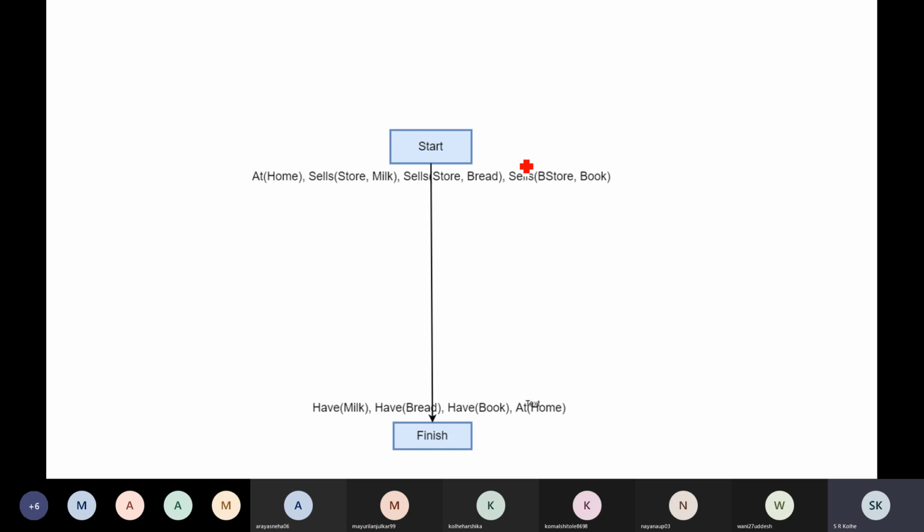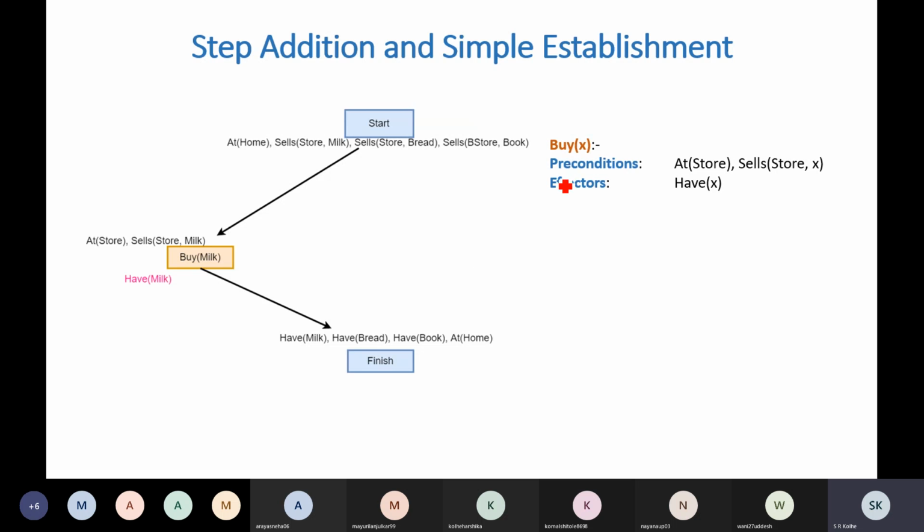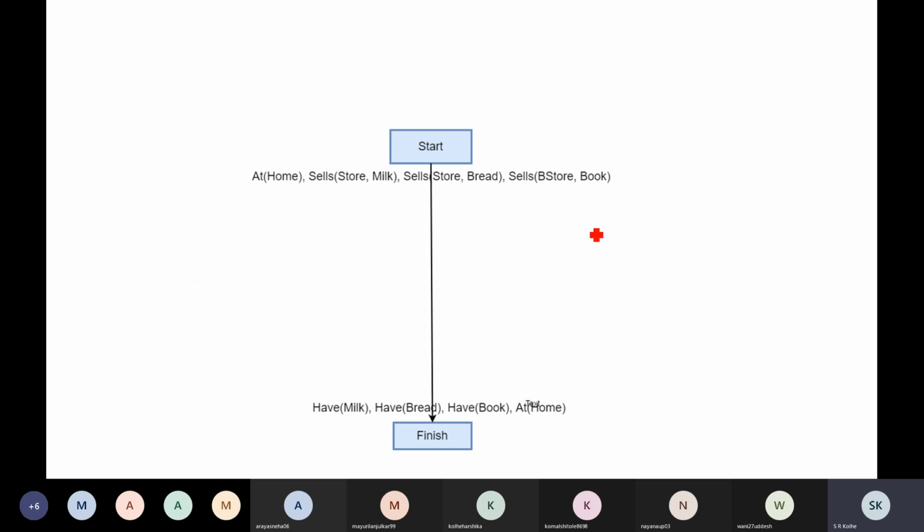Robot should buy milk. So buy action is required. This buy X is given. Buy X, precondition is robot is at store, and store should sell that X. So buy X is given to you. X is a variable.